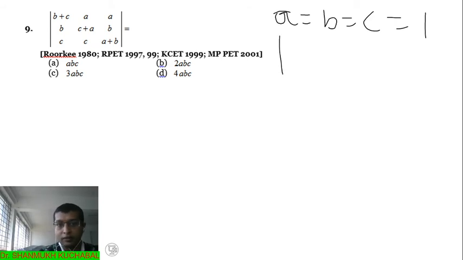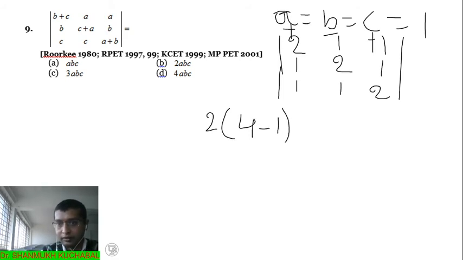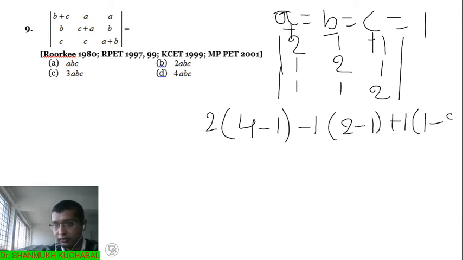So we get 2 1 1, 1 2 1, 1 1 2 it is, right? Then it is plus minus plus. So expand this. So it is 2 into 4 minus 1. So minus 1 into 2 minus 1 and plus 1 into 1 minus 2.